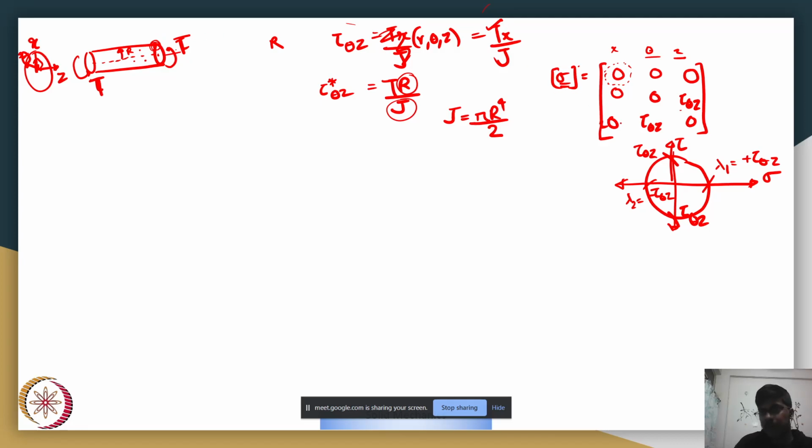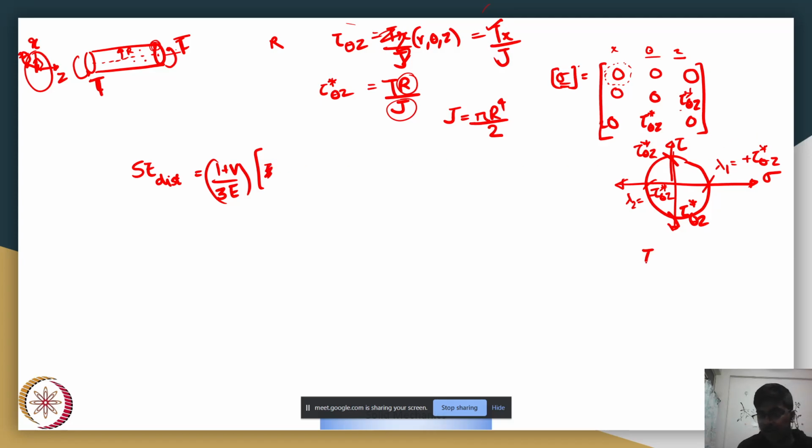Using this stress matrix, you can also calculate your lambda 1 and lambda 2 to be equal to tau theta z star and minus tau theta z star each. And once this is there, you can use your distortion energy equation, which is nothing but (1 plus nu) by 3 times lambda 1 square, which is tau square theta z.